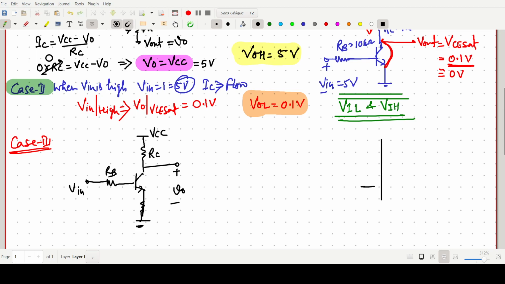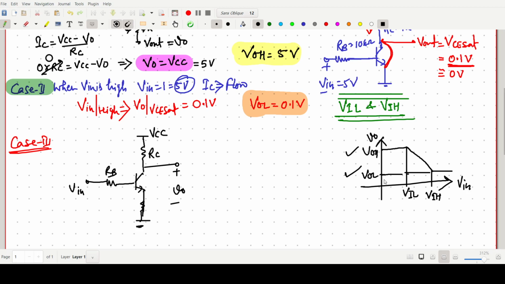Once again I am drawing the VTC curve. This one is our VIL and this one is VIH, V out, V in, VOH, and this point is our VOL. These two we have already found. Now VIL, VIH we have to find.